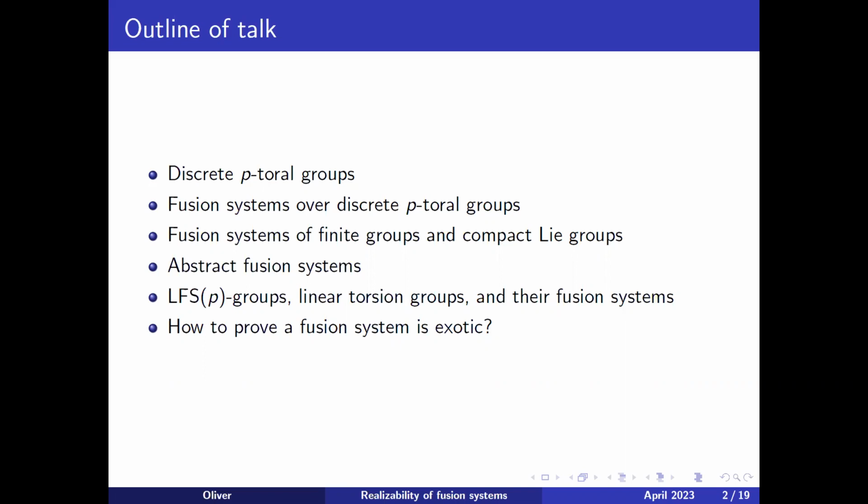And then talking about abstract fusion systems and what it means for a fusion system to be realizable or exotic. In the case of fusion systems over finite groups, it's fairly straightforward, but once we go to infinite groups, that's less clear.